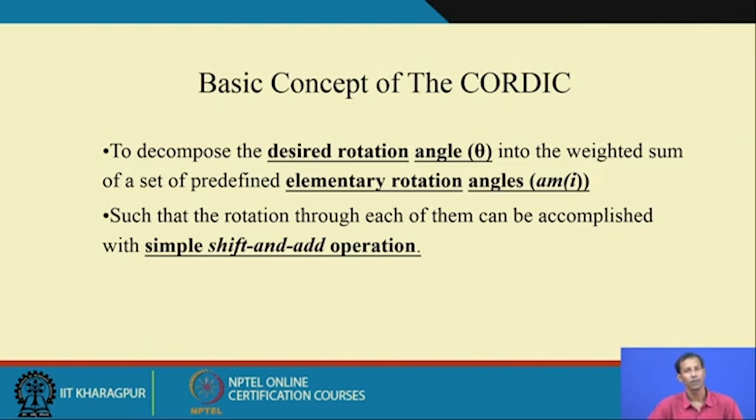There are different kinds of arithmetic operations you can do, but CORDIC was mainly developed to generate the data of sine and cos. If I give any angle as input, I need the corresponding results of cos theta and sin theta.